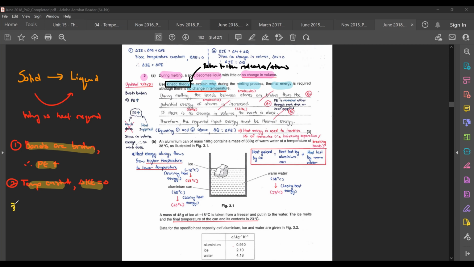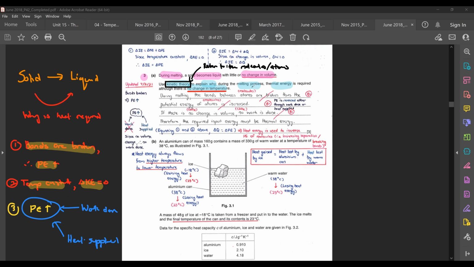And this can come about due to two things: work done or heat supply. If you want to increase the molecular PE of your molecules, you can either come about through work done on the system or heat supplied to the system.